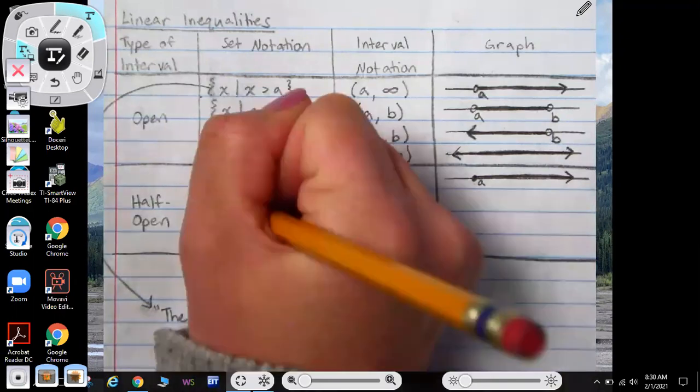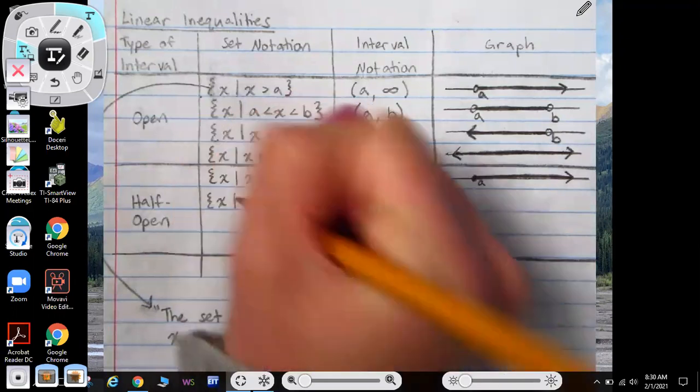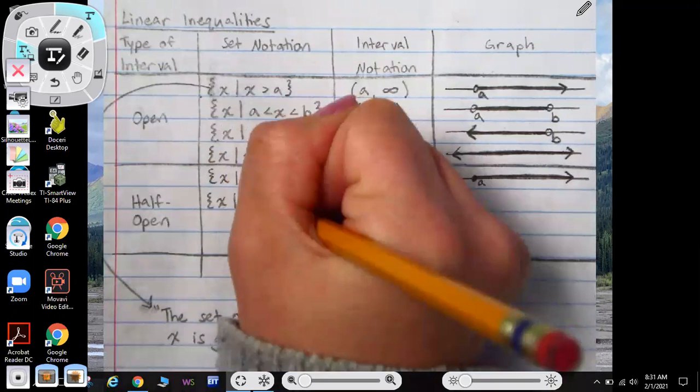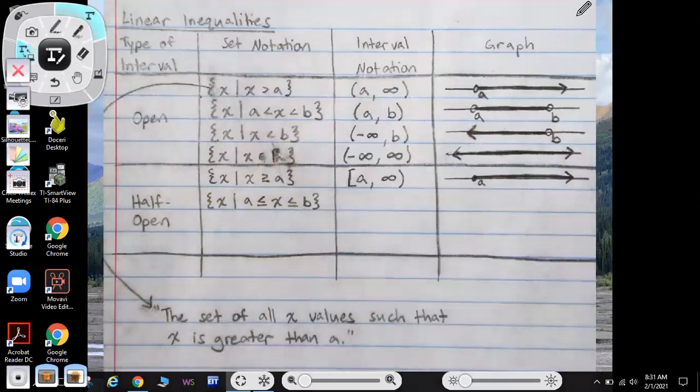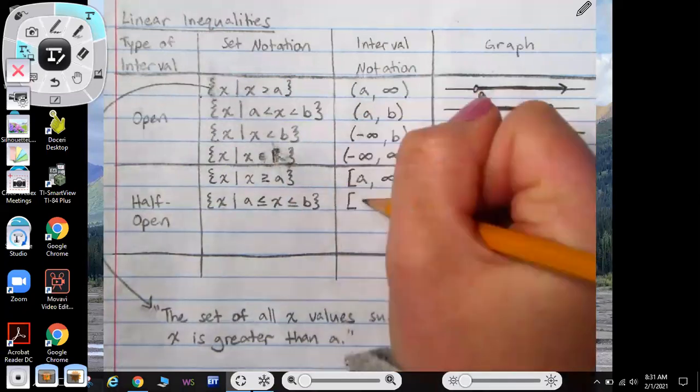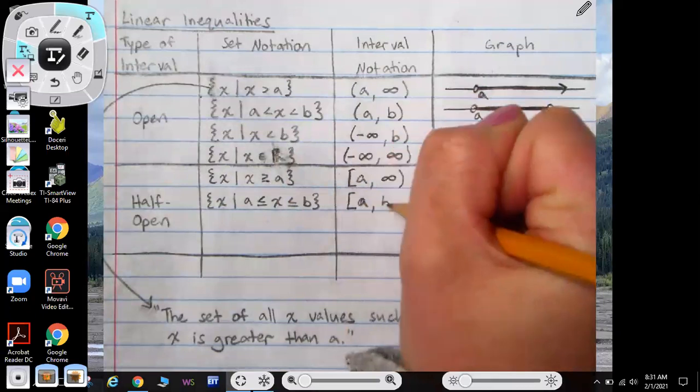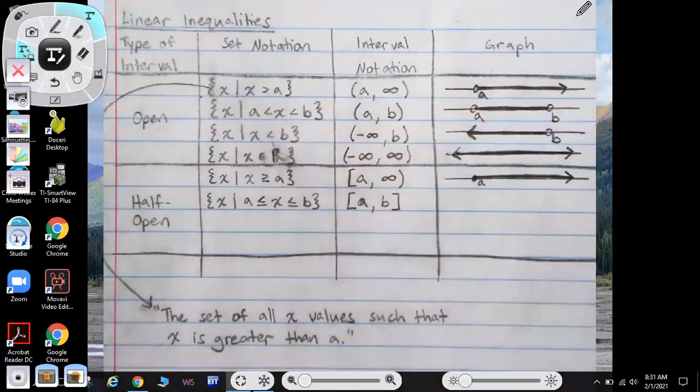Okay, the next one, we have the set of all x values such that we have a three-part inequality, x is greater than or equal to A and less than or equal to B. So we've got square brackets from A to B, using square brackets on both sides because we're including A and B in our interval.